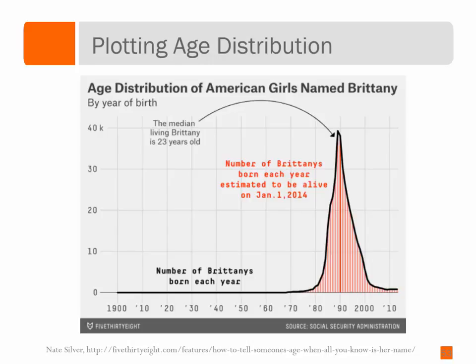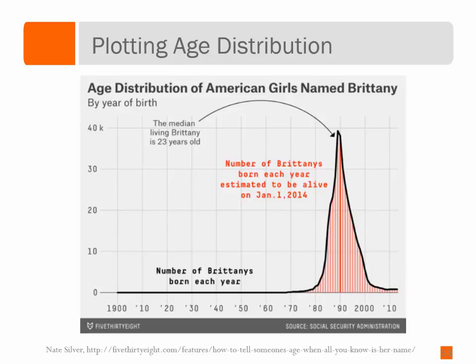So what we see in front of us here, created by Nate Silver from the news media website 538, is about plotting age distribution. This particular data visualization gives you the distribution of ages of American girls that have the name Brittany, by year of birth.